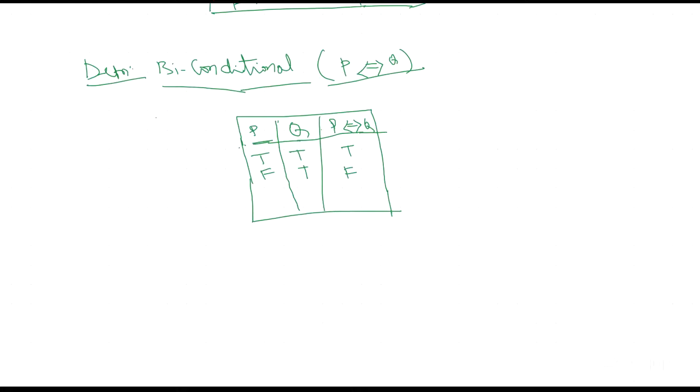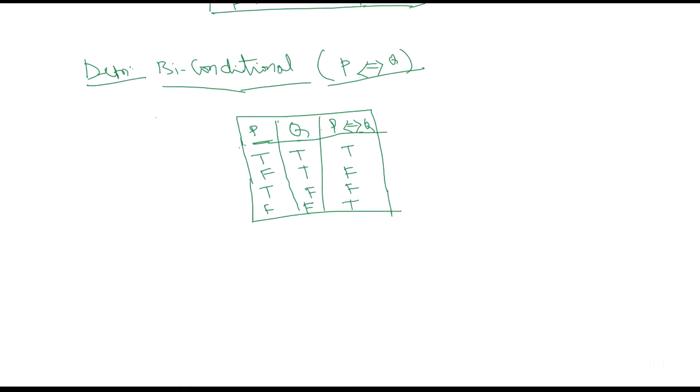Suppose P is true and Q is false: the biconditional is false. Next, P is false and Q is false: the biconditional is true.